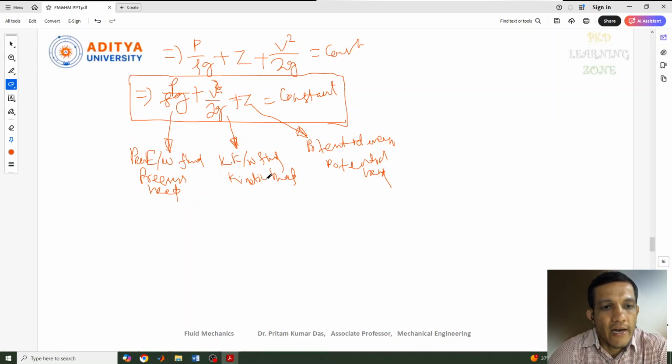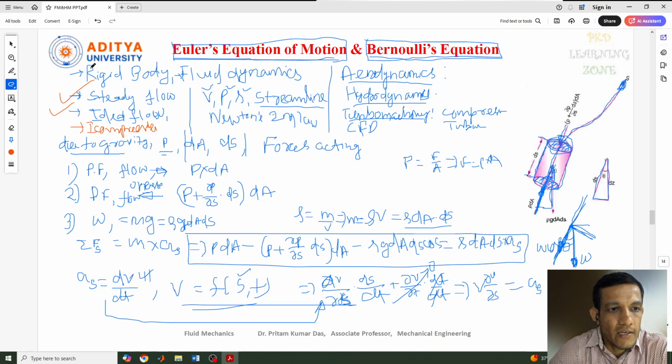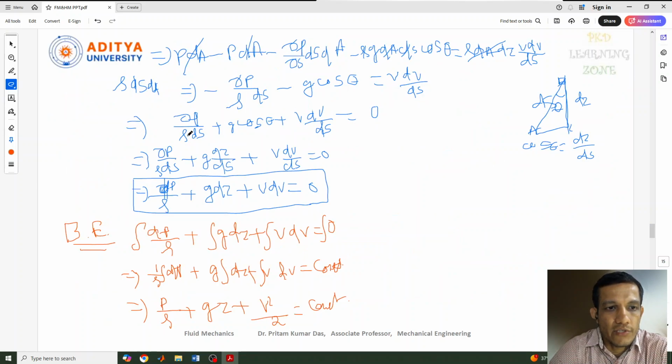I hope you understand this equation, and some assumptions, as I told you initially, need to be considered for the Bernoulli's equation to be applicable. The flow should be ideal flow. Ideal flow means viscosity is 0.